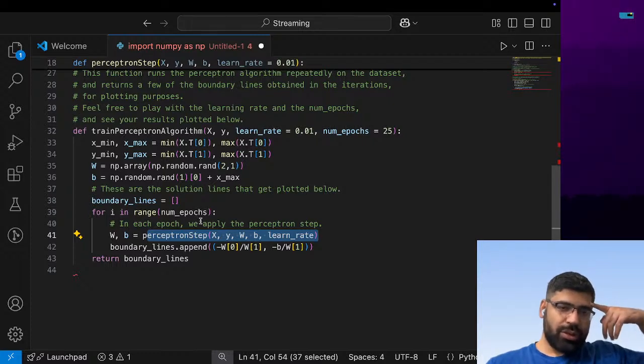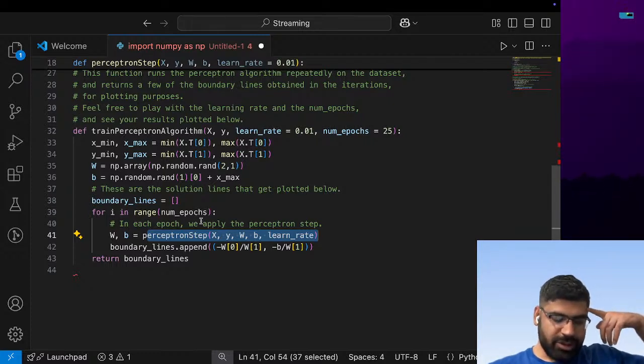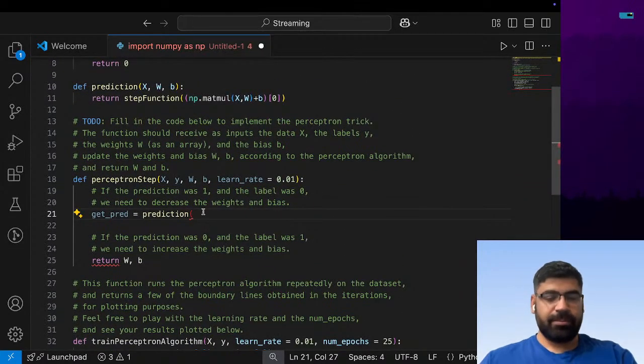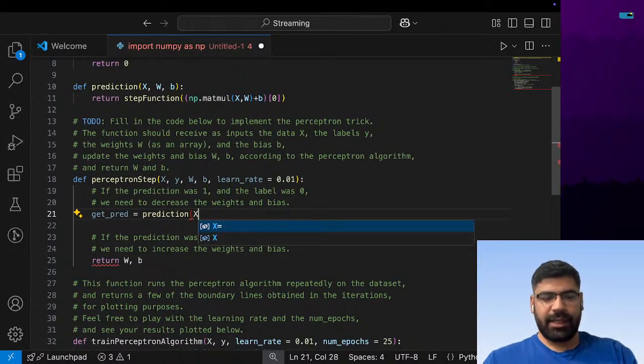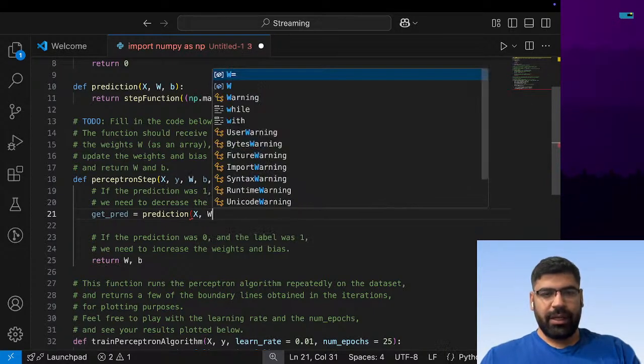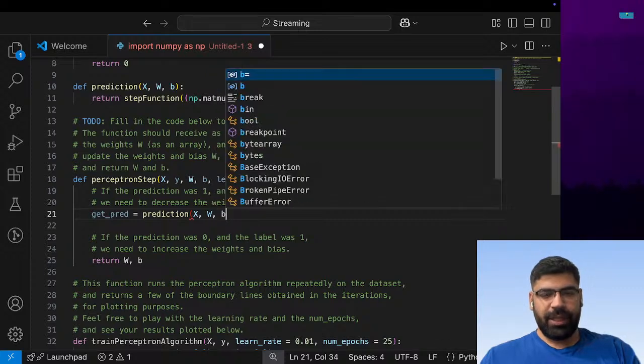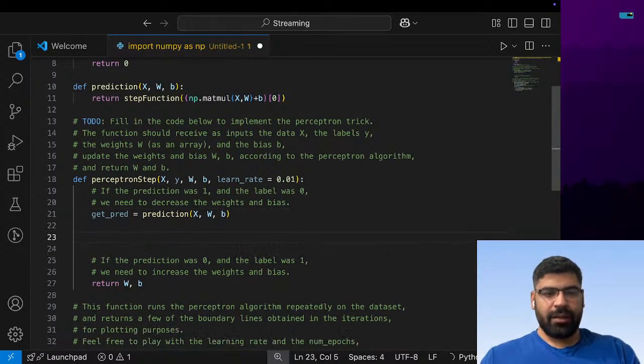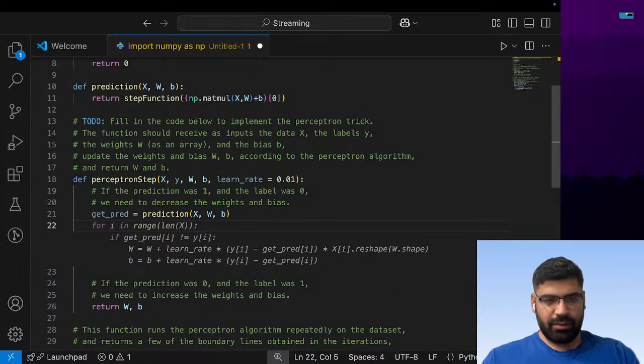In each epoch, we apply the perceptron step. What step is that? It is to find the y hat. So what we are doing with the prediction is we have to send x, y, and b, the bias.